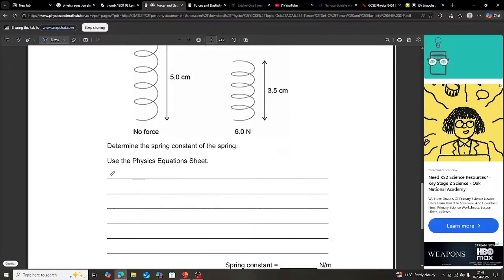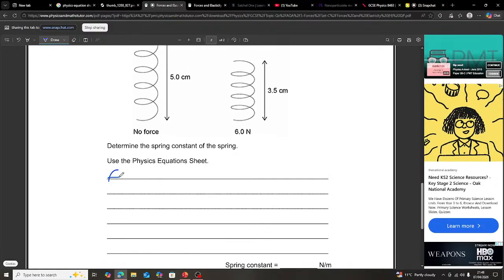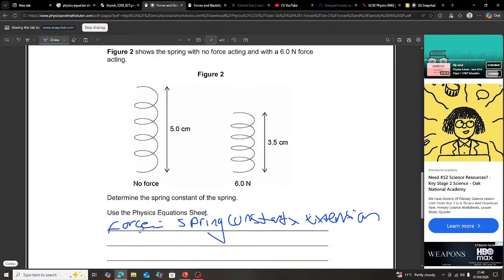Spring constant. I already know this one. Force is equal to spring constant times extension. What's the force? Force is 6.